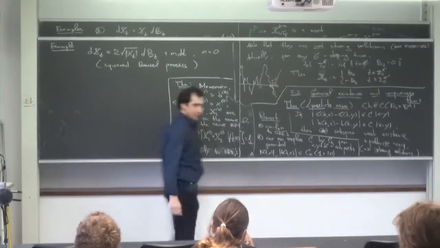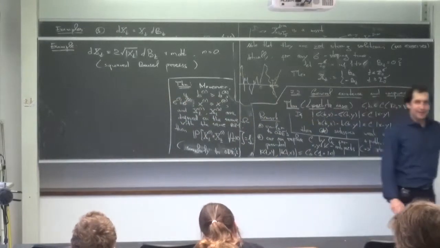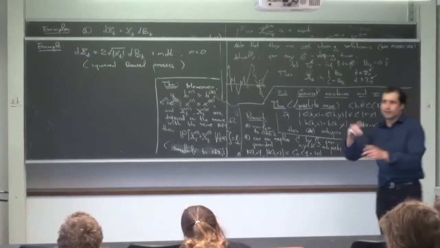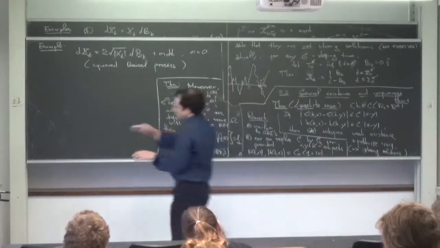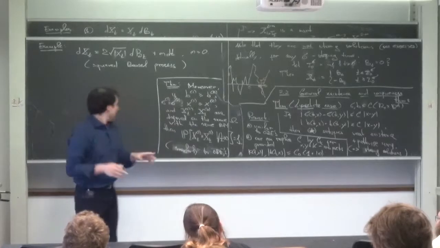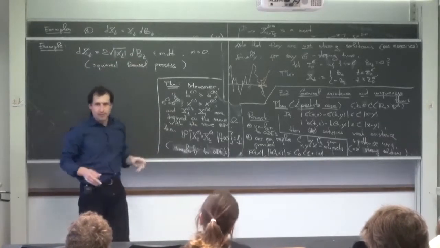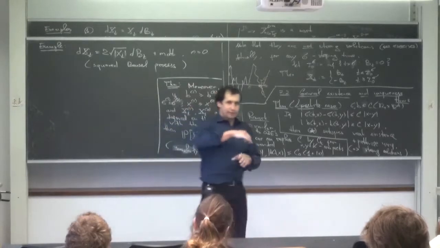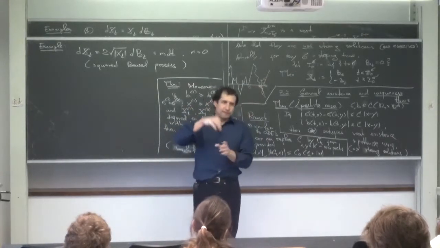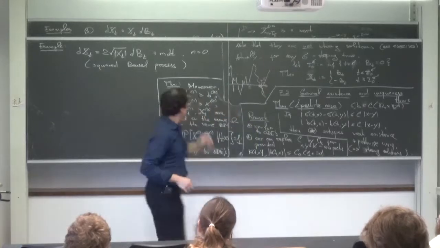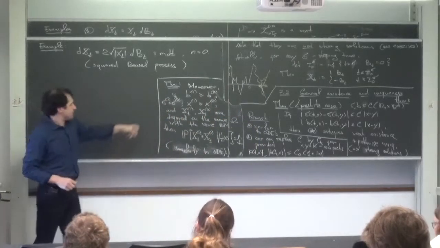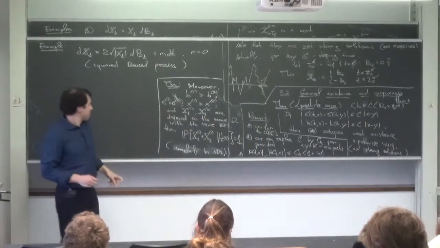Otherwise it would be strange, right? If I just take two different constants, like dX_t is dB_t or 2dB_t, these are two Brownian motions with different variances, and they behave in a quite chaotic way. So thanks for asking. It's implicitly assumed that sigmas are the same.